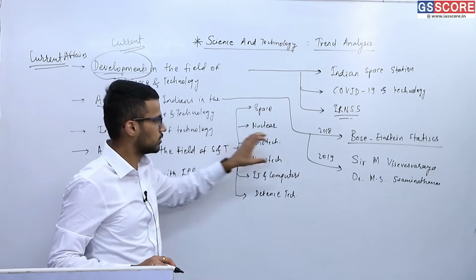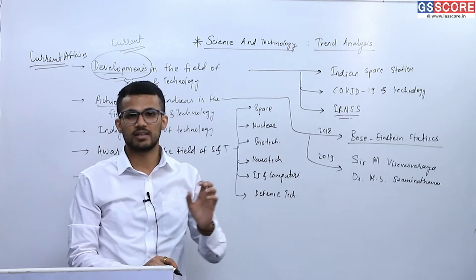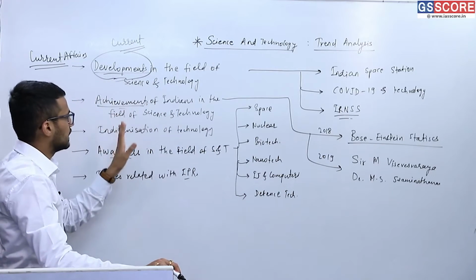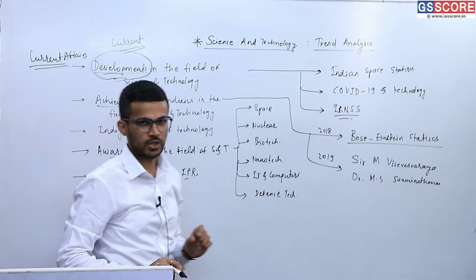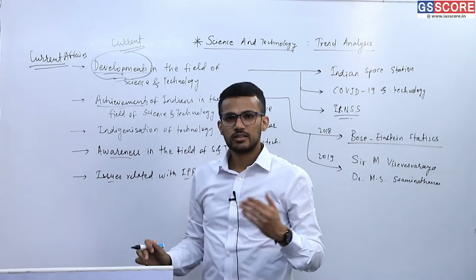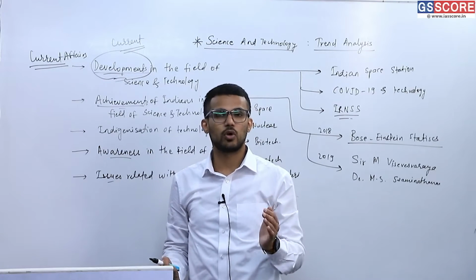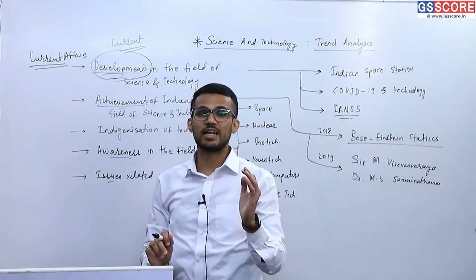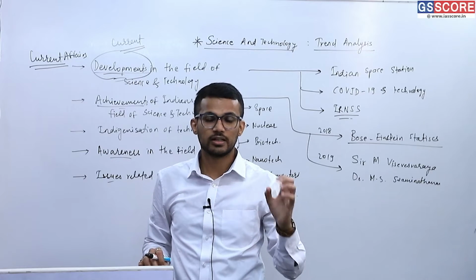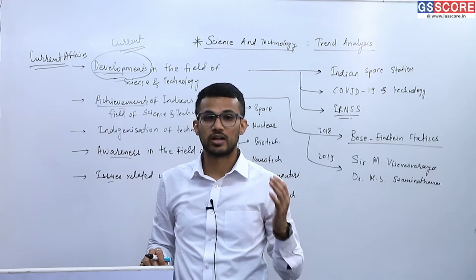Right. So these were the questions that UPSC has asked from achievements of Indians in the field of science and technology. As you can see, the questions asked from this topic are purely static questions. They are from traditional sources that we should refer.